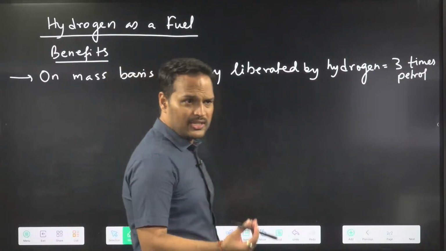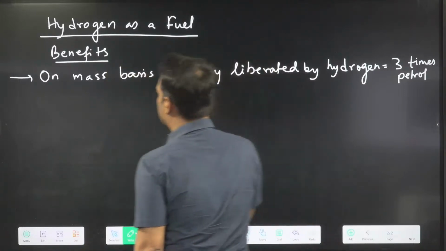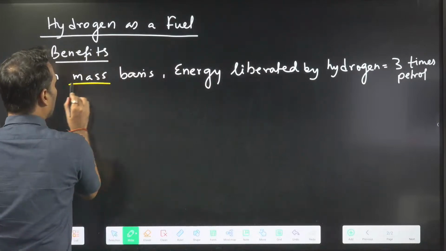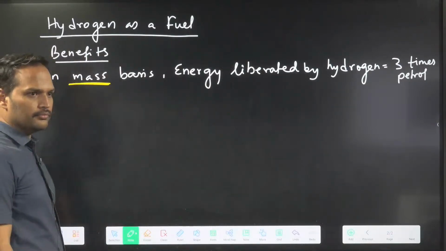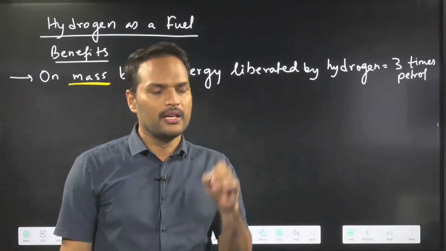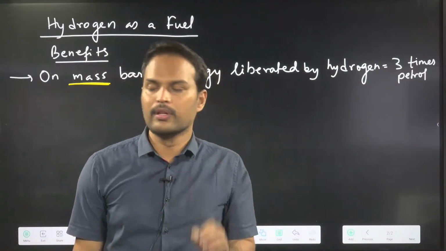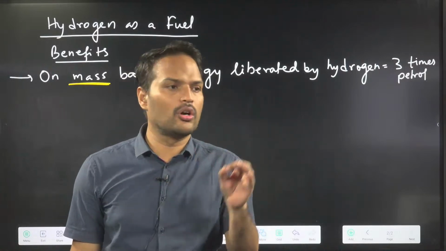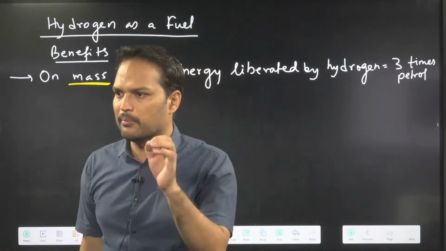When you check the data, we are talking on a per gram basis, on mass basis. There are 3 data given: one per liter, second per mole, and the third, in the middle, per gram. Check the middle one, per gram.